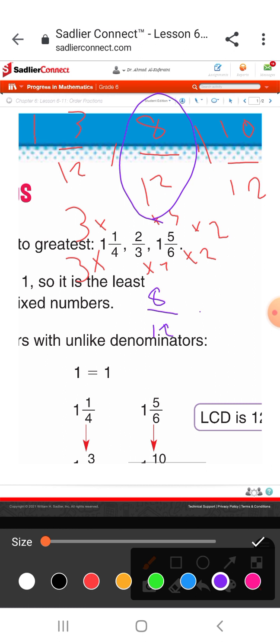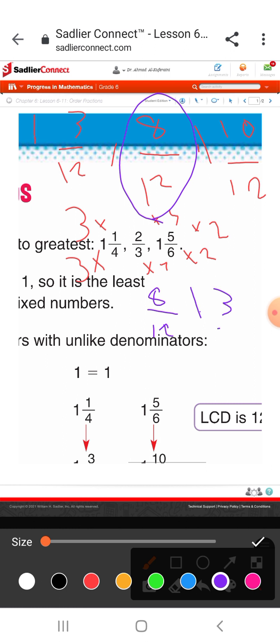Which one is less? 3 or 10, so we write 1 and 3 out of 12. The last one, as you can see, is 1 and 10 out of 12. Okay? So this way we compare the fractions.